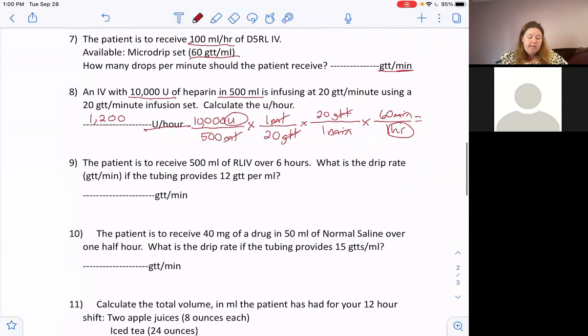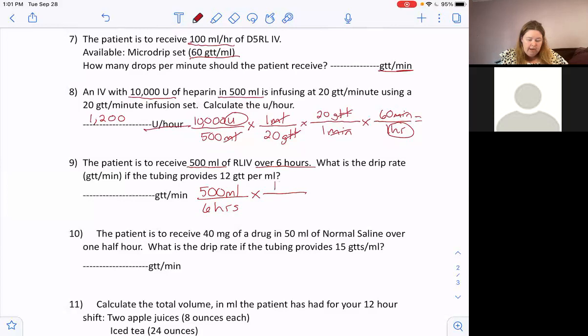The patient is to receive 500 milliliters of RL IV over 6 hours. What is the drip rate of drops per minute if the tubing provides 12 drops per milliliter? All right, so we have 500 milliliters over 6 hours. So that's our order. 500 milliliters over 6 hours. We need to convert our hours to minutes.